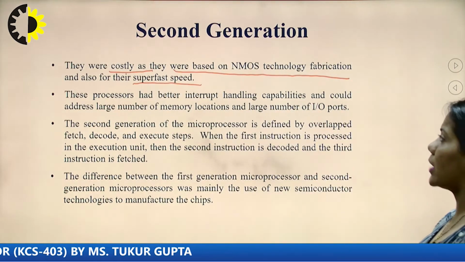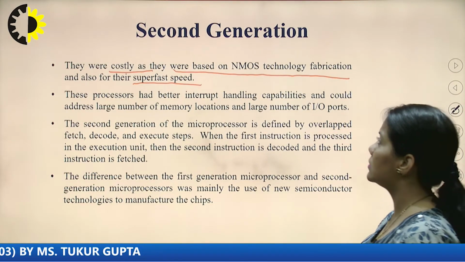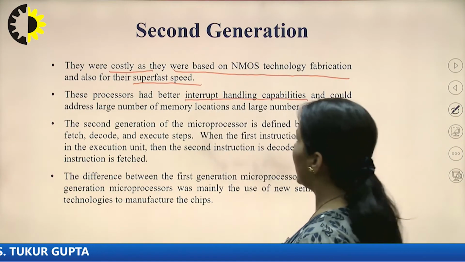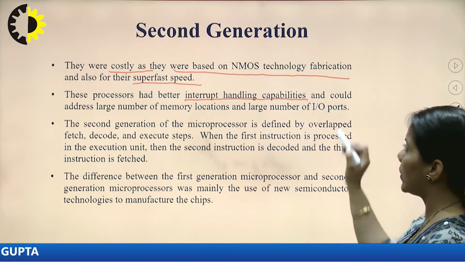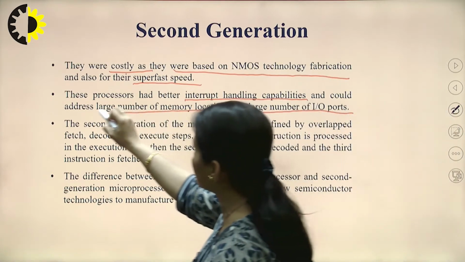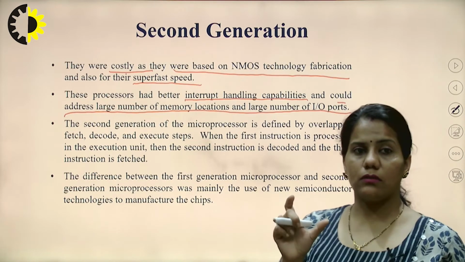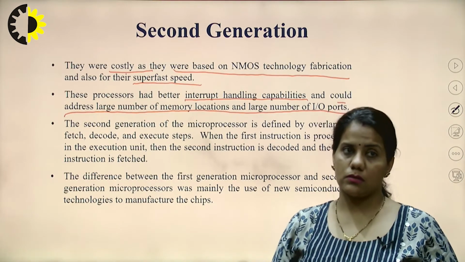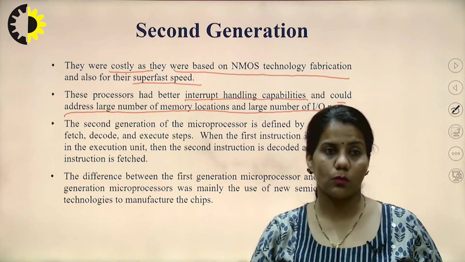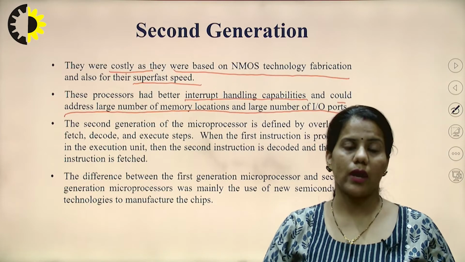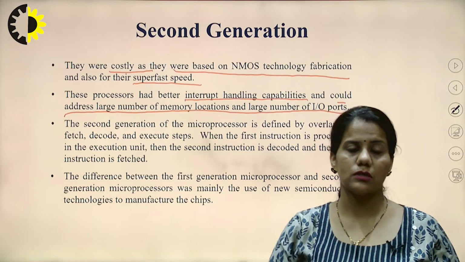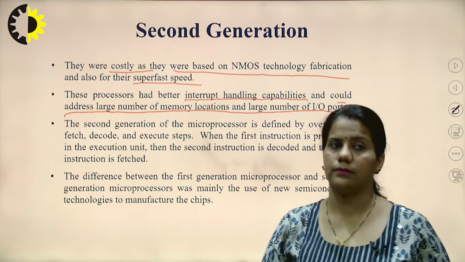These processors had better interrupt handling capabilities. This was another feature, and they could address a large number of memory locations. Since the address bus width was higher, it could address a large number of memory locations and input-output ports.